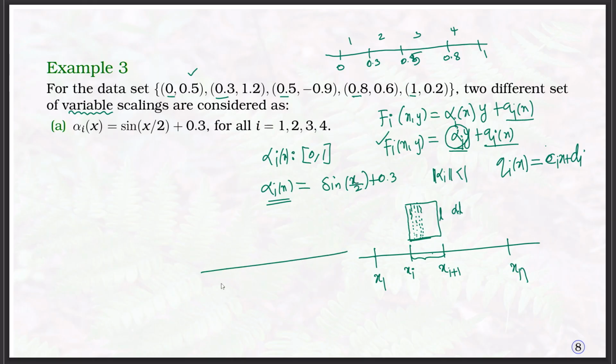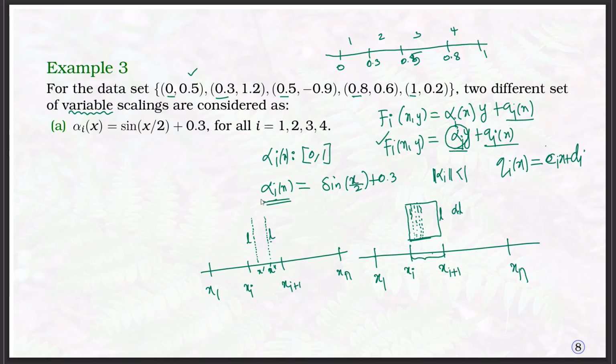Whereas, take the interval from x_1 to x_n, with x_i and x_{i+1}. Now if you take any x, for example x dash here, with its associated y values, and x double dash here, with its associated y, I can consider the same line length L. If you apply the constant scaling alpha_i, it will reduce both lines by the scaling alpha.